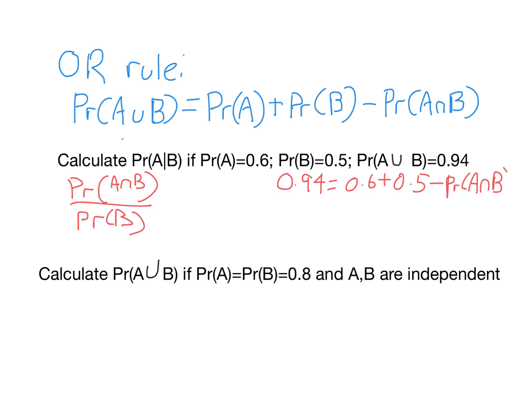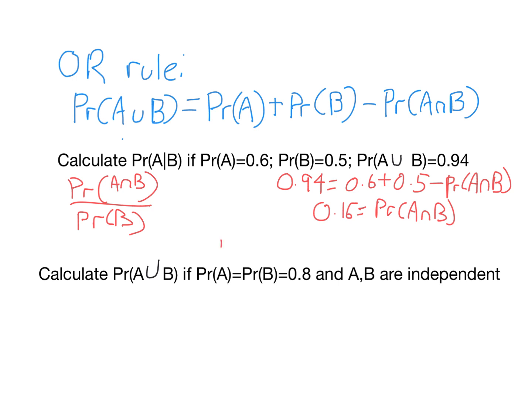So we can simply rearrange this. We get 0.94 equals 1.1 minus that. So it has to be 0.16. The probability of both has to be 0.16 because 0.6 plus 0.5 minus 0.16 is 0.94.